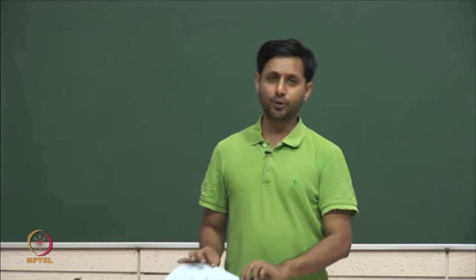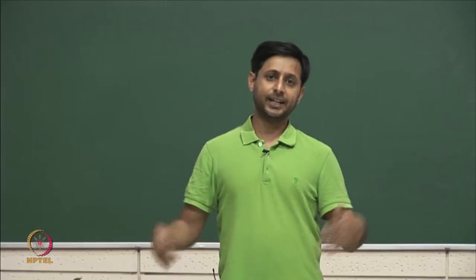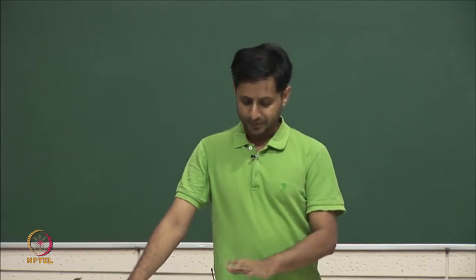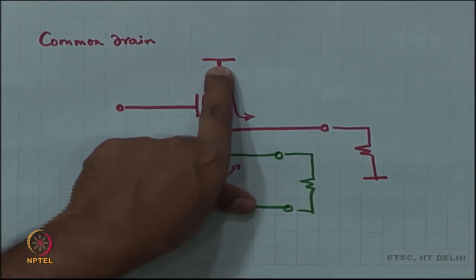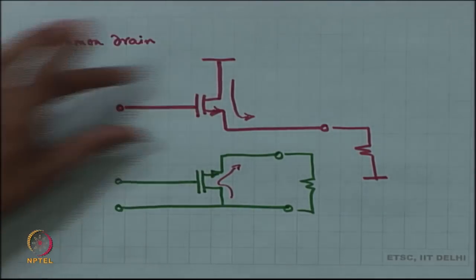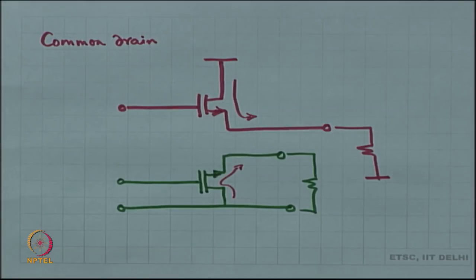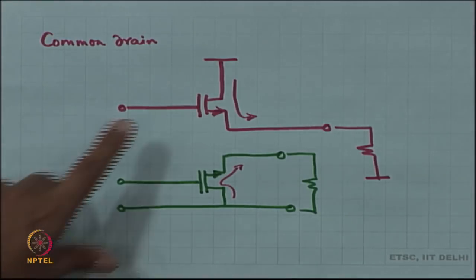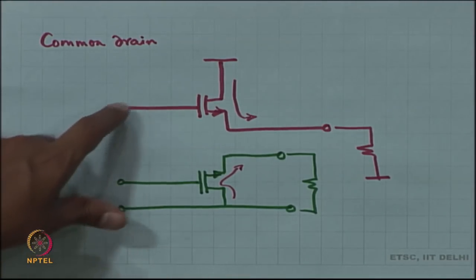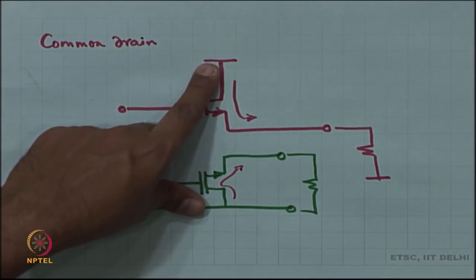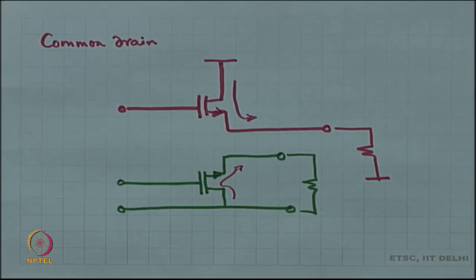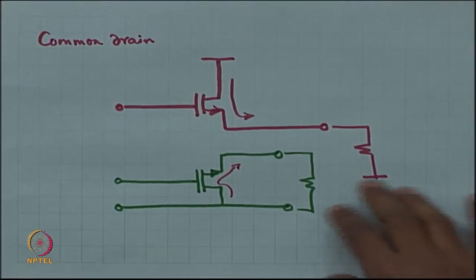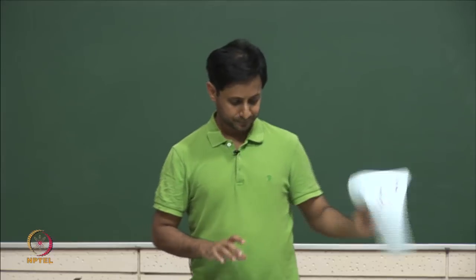And of course, you need to develop this drawing into whatever else is required, but all that you have to remember is that the drain terminal is common between the input port and the output port, and that automatically means that the input is going to be at the gate, the drain is going to be at small signal ground, and the output is going to be taken from the source, and that is about it. That is all that you need to know, and then we can arrange the circuit the way we want.